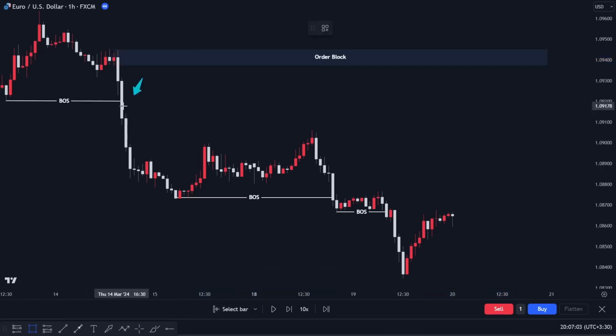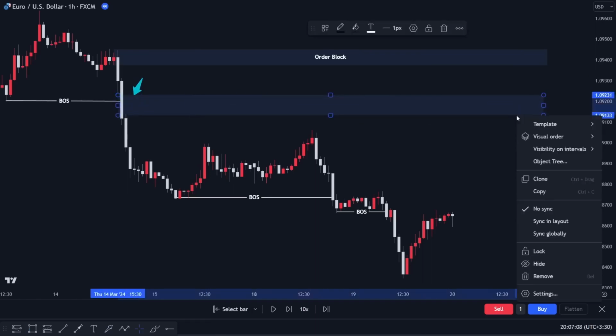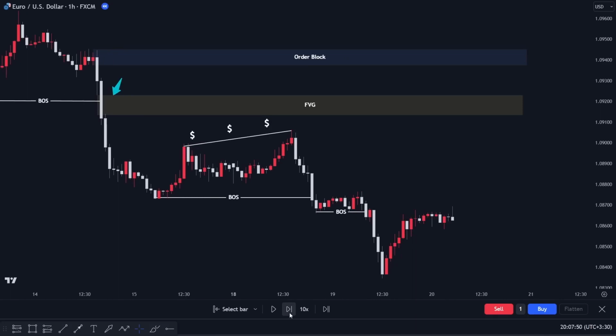Resulting from a significant inefficiency in the market. Additionally, there's a substantial liquidity pool above these highs, awaiting clearance by the price. These factors highlight the extreme order block as a crucial zone for potential short positions if the price retraces back up and mitigates the order block. Let's see how the price action unfolds.